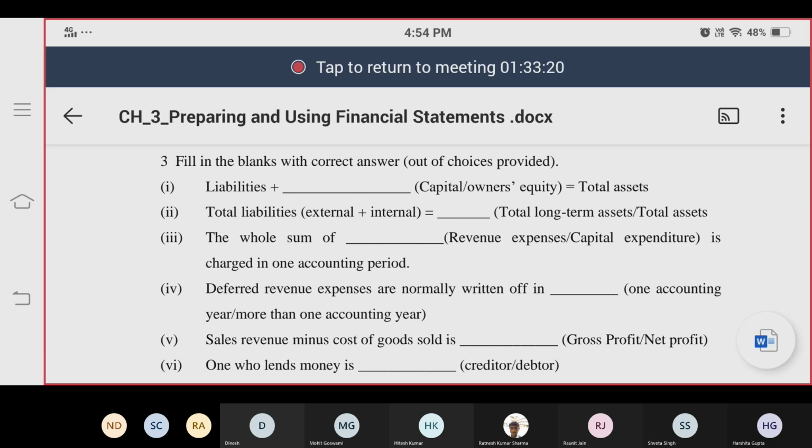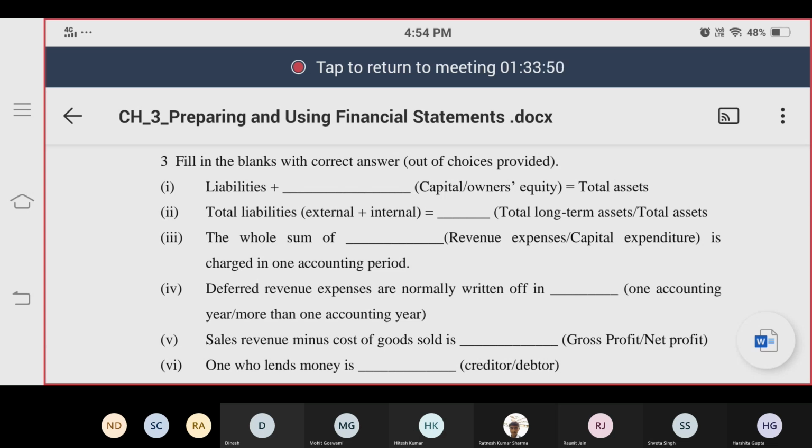So I think we have already got the answer from our discussion with Dinesh, but Hitesh, do you want to take a chance? Hitesh? Yes, ma'am. So Hitesh, tell me, what will it be? Total liabilities, that is external plus internal, both together will be equal to total long-term assets or total assets? Total assets, I guess. Very good, Hitesh, very good.